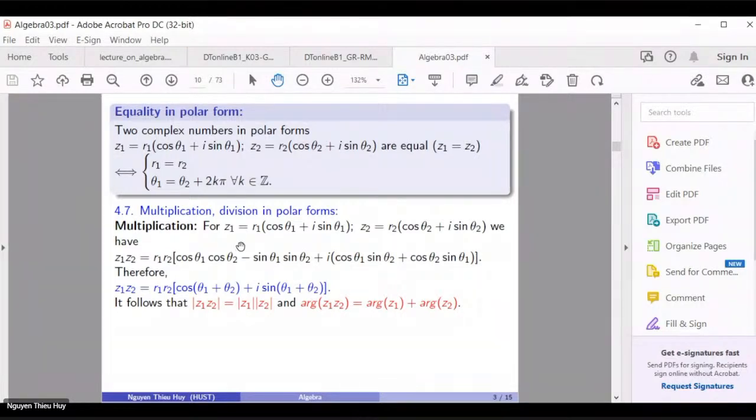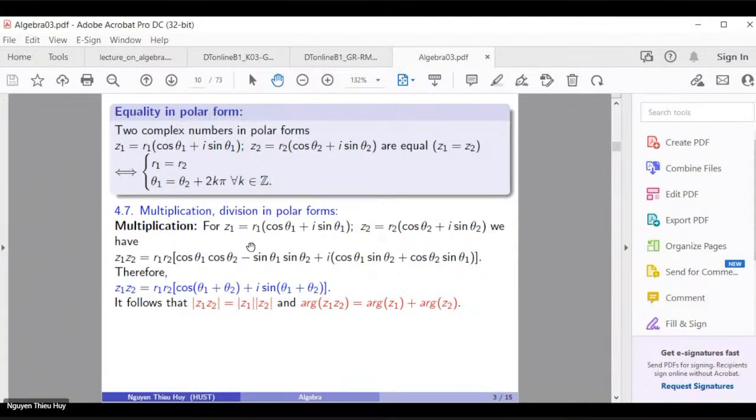Here I should multiply z1 z2, these two quantities together. So we have r1 multiplied by r2, and then the cos plus i sine are multiplied together, and I separate two parts, one containing i and the other not containing i.